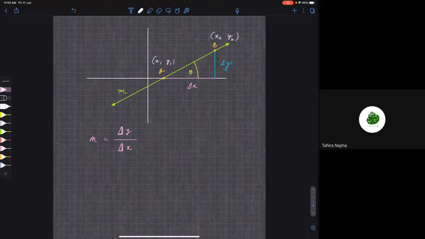You can clearly see that this is a right angle triangle, and theta is the angle that this line makes with the positive x-axis in the anti-clockwise direction. Do you agree? Now tell me, according to our trigonometric ratios, what will relate delta y and delta x?